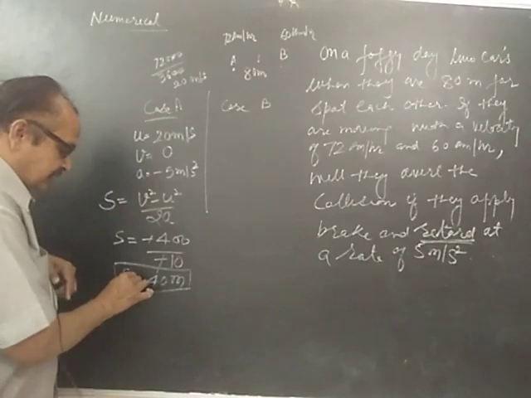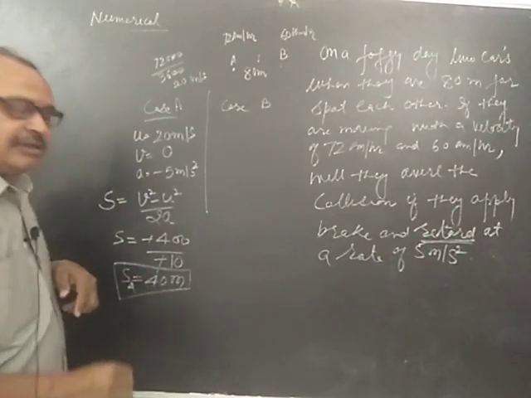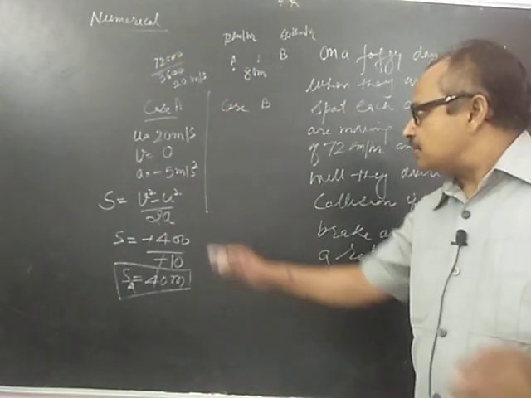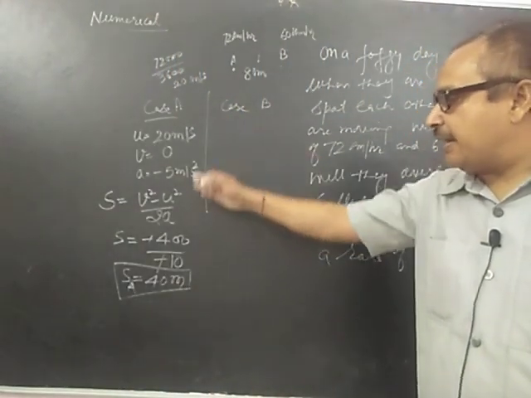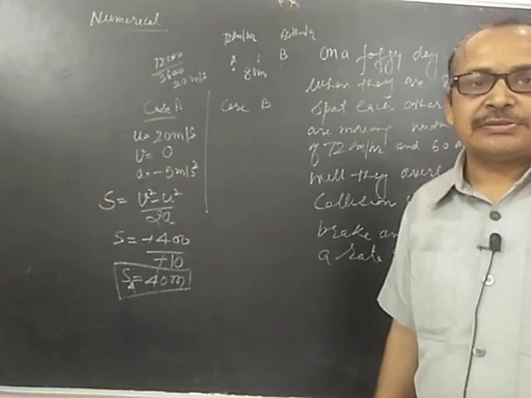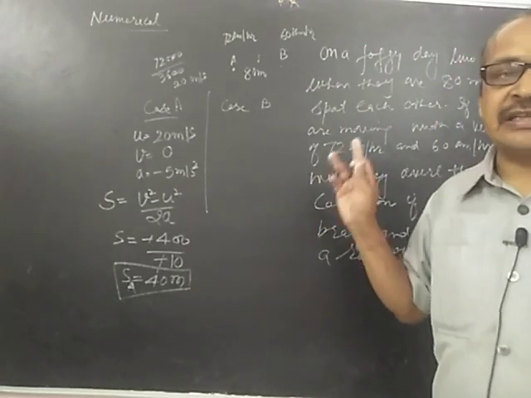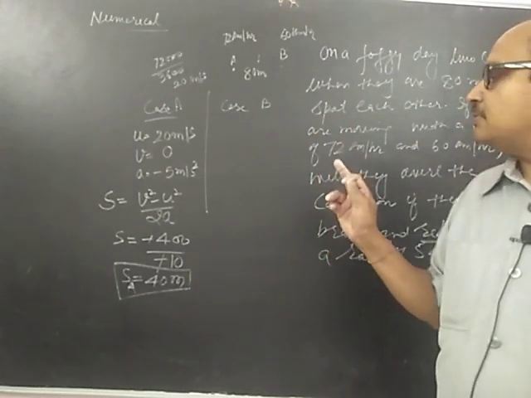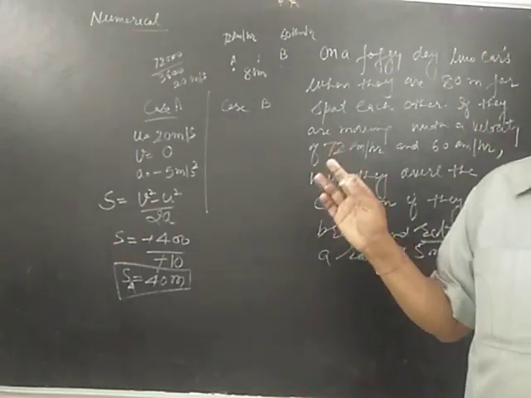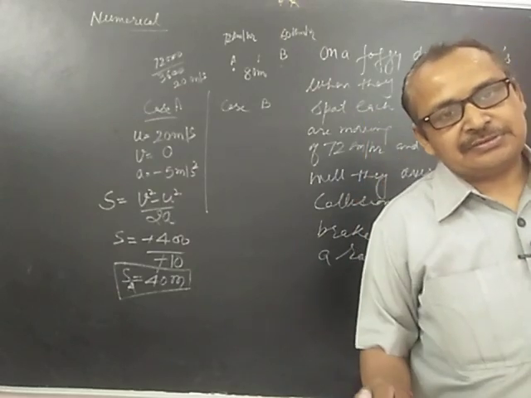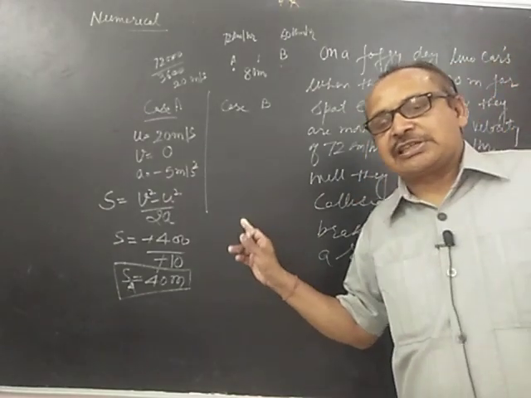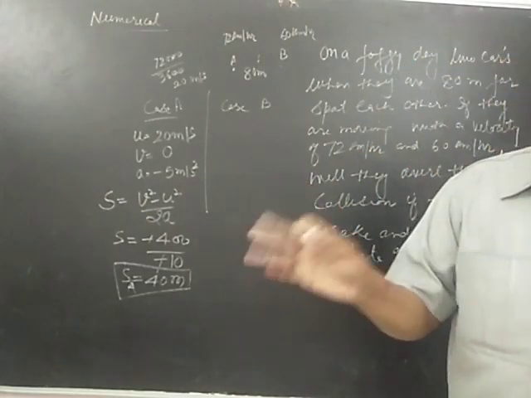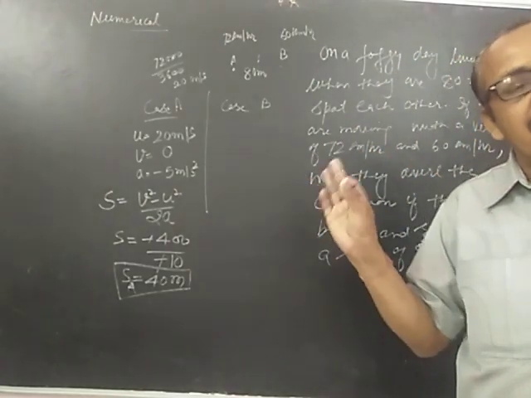That means before coming to rest, car A has traveled 40 meters. Now if B's distance comes less than 40, then only there will be no collision. And if its distance comes 40 or more than 40, then they will collide.